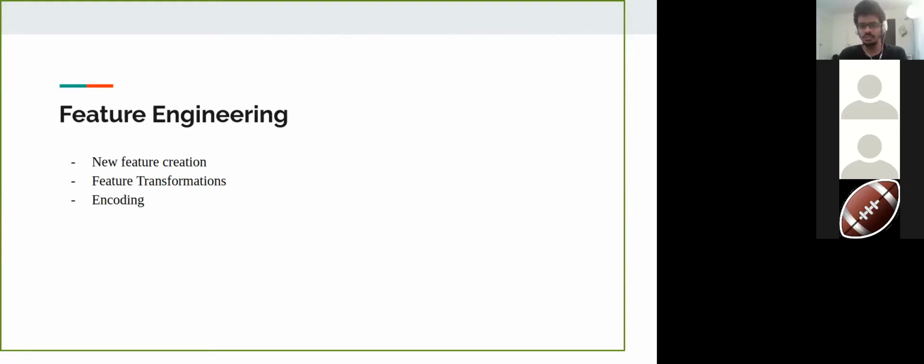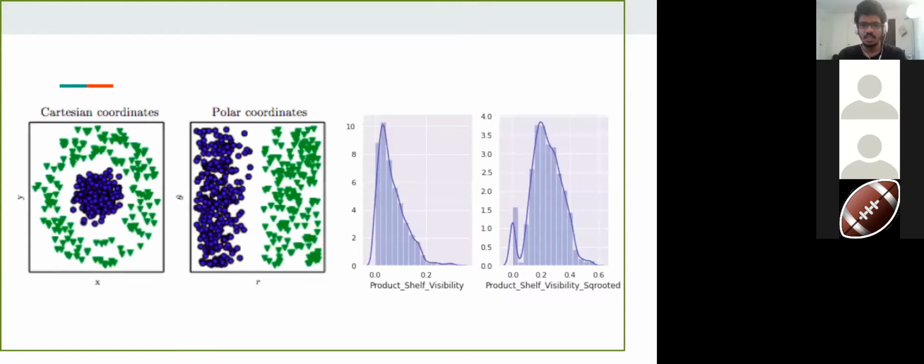As for feature transformations, this slide does a really good job at explaining that.